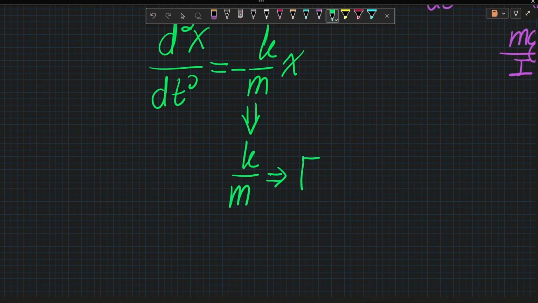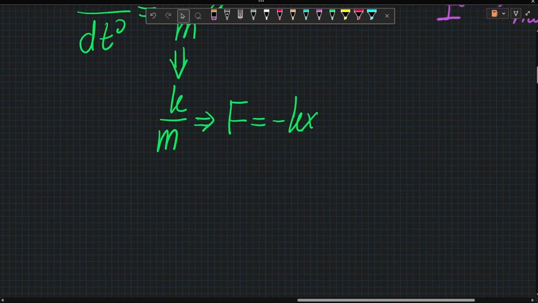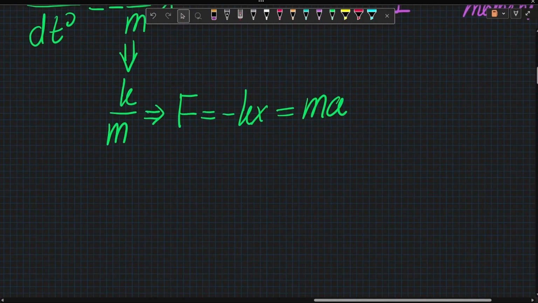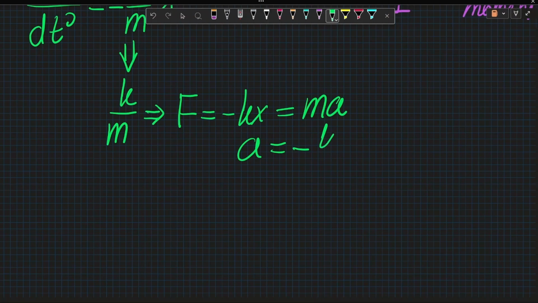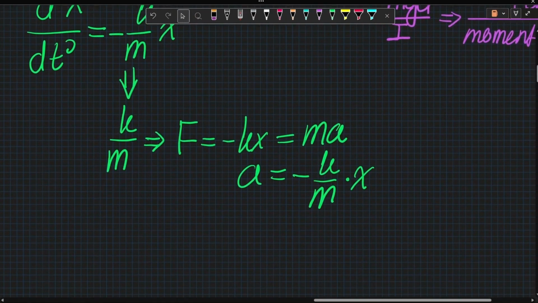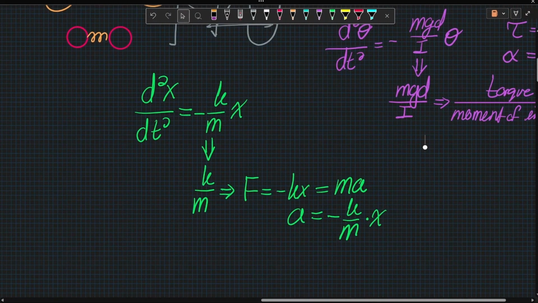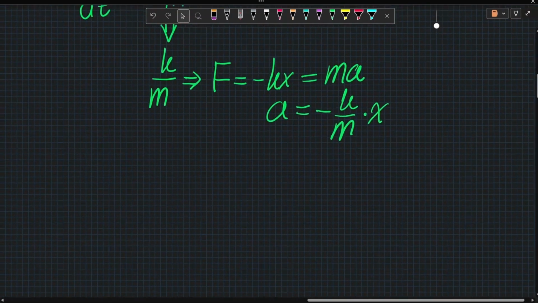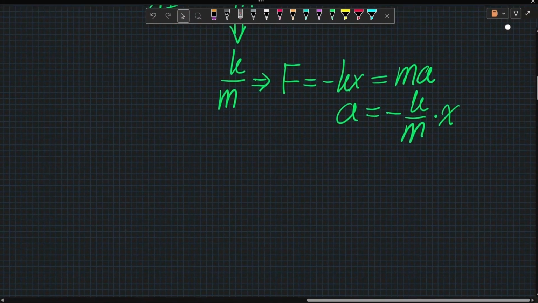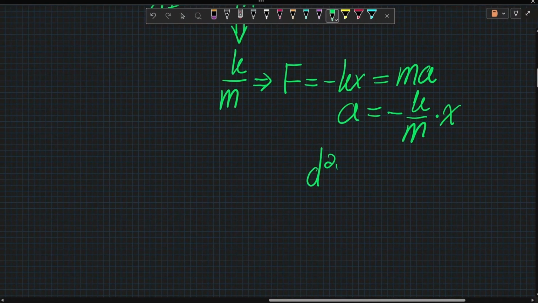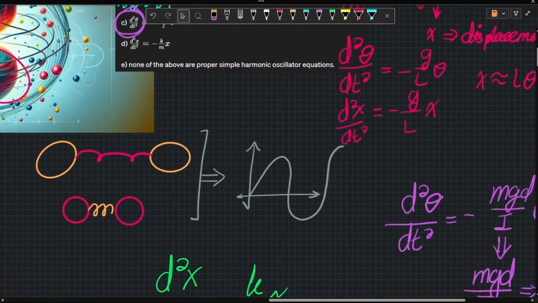If we borrow from the spring equation, F is equal to negative kx, then this equals ma. Thus, a is equal to negative k over m times x, which is what we get, because simple harmonic motion requires that we describe acceleration, which is a, the same as the second derivative of x over dt squared. And thus we get that exact equation.